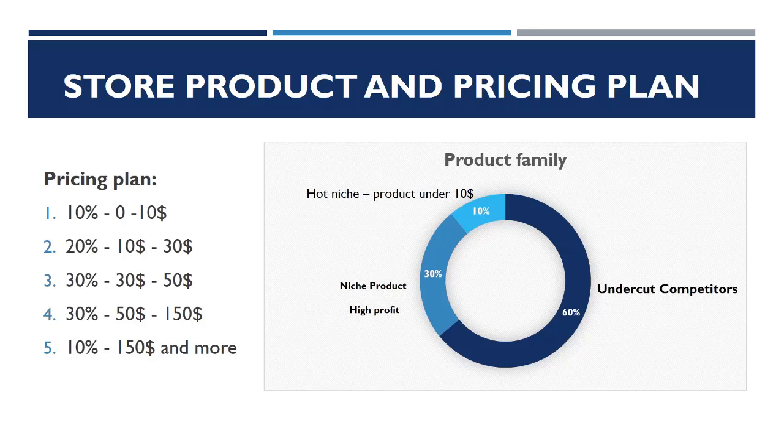So 60% of your store should be undercut competitors' products, what we learned in the first part, okay? And you should be cheaper than them. So if you have 100 products, 60 should be products you undercut from competitors.